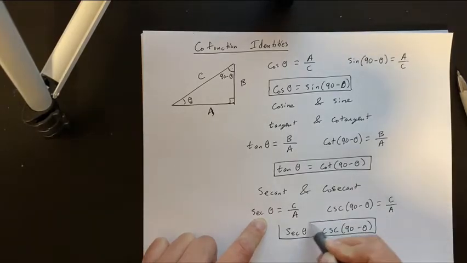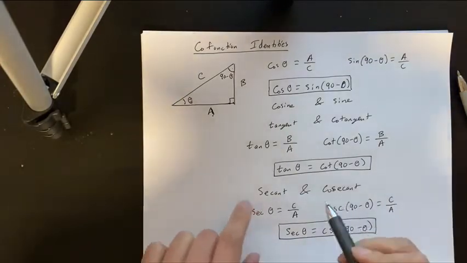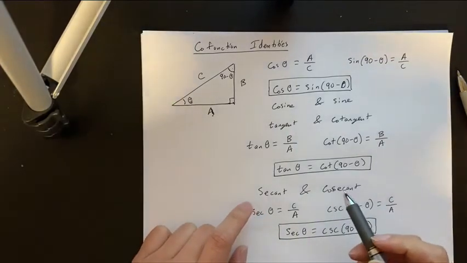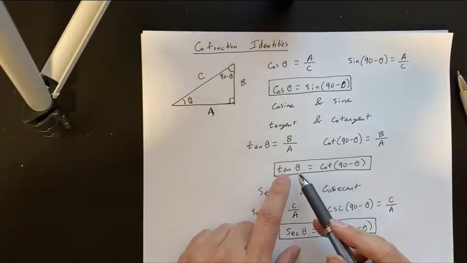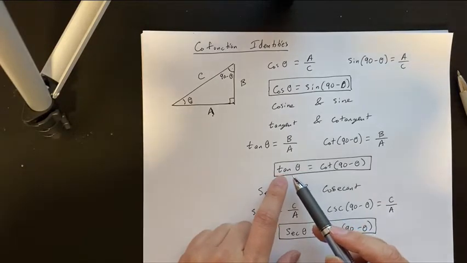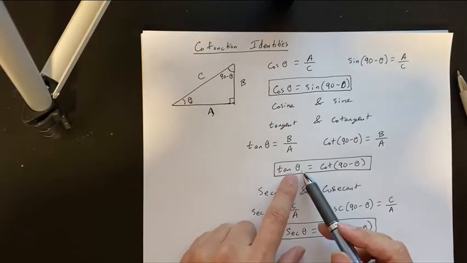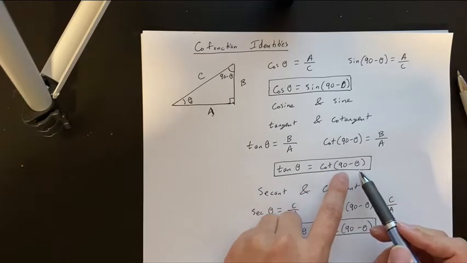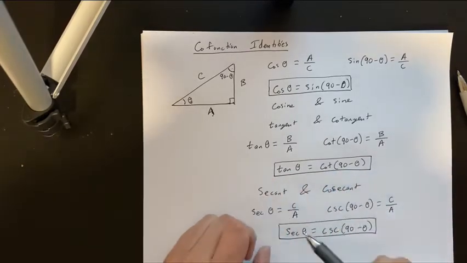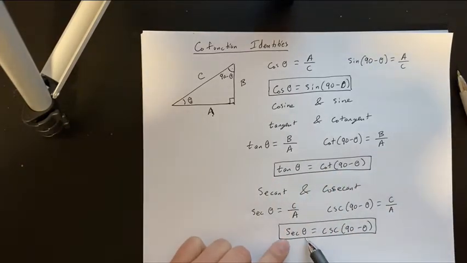So the relationship between the cofunctions is that they are the same if you take the evaluation of theta and the evaluation of its complementary angle. Secant of theta is the same thing as cosecant of 90 minus theta.